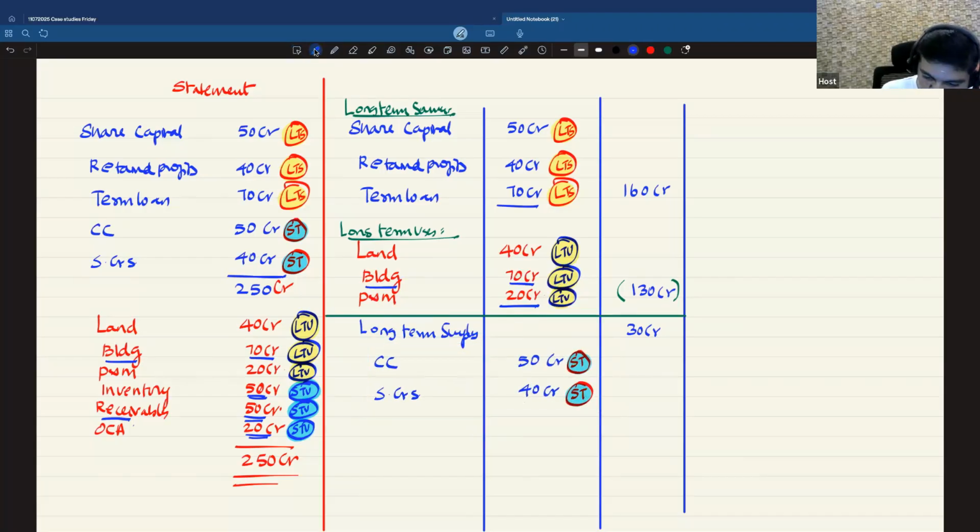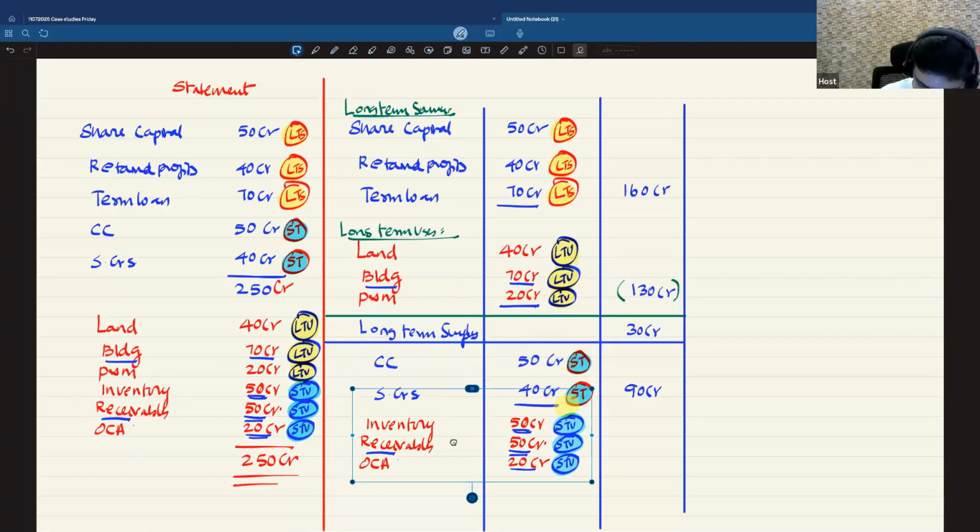So I'll just put one line and close this for the moment. What is their short-term source? It is 50 plus 40, and it is 90 crore. And let us also look at their short-term use. This is their short-term use.